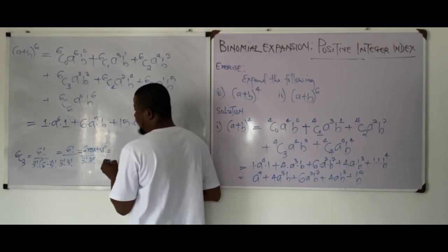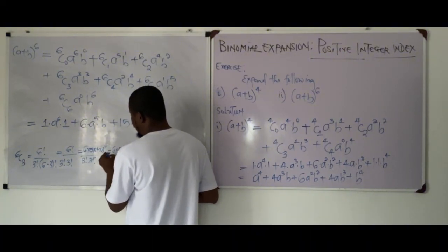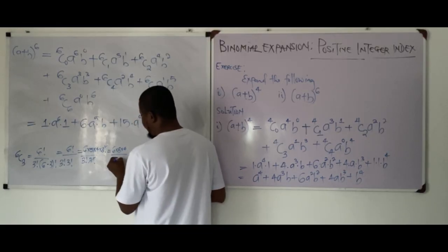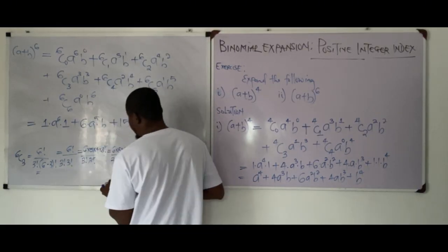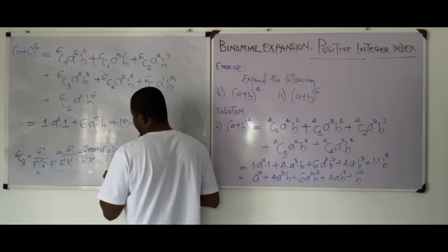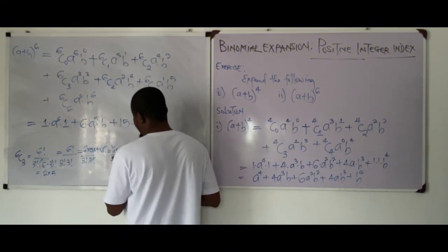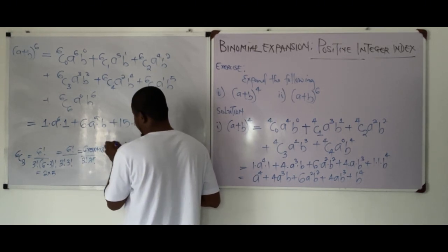I will have here 6 times 5 times 4 all over 3 times 2 times 1, which is what is left of the 3 factorial. Okay, so simplifying this, 3 goes here, I have 2 times 5, and 2 goes here.